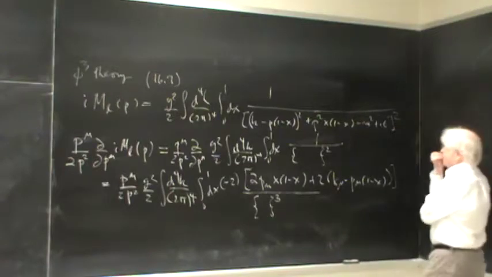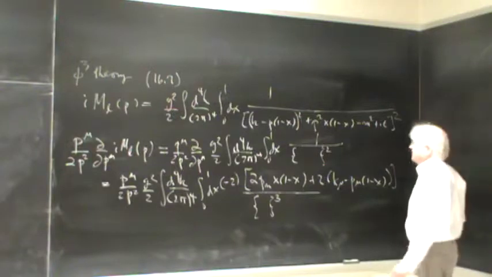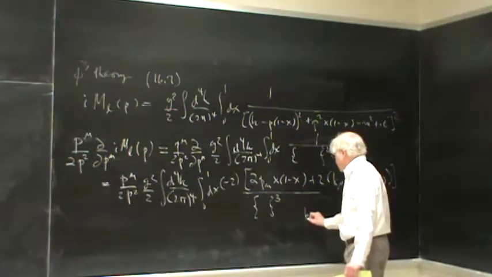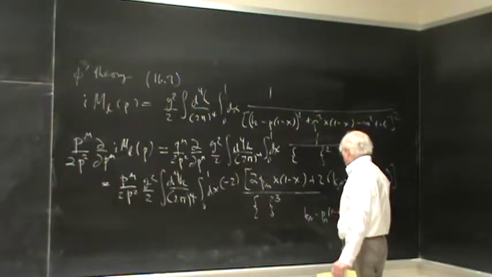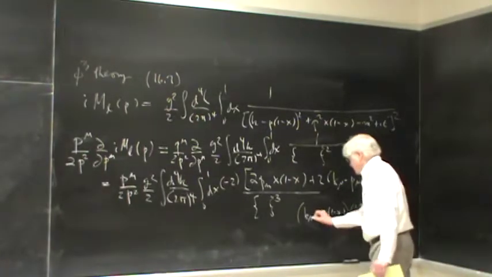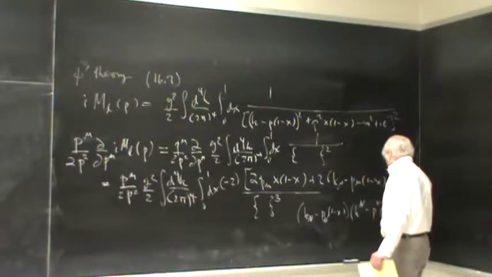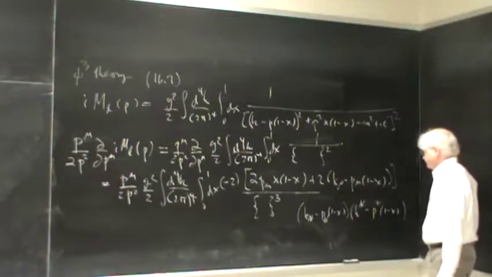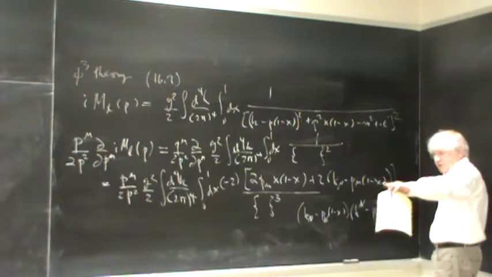Actually, wait a minute. It's simpler than that. Yeah, maybe I did this, but let's do this more carefully. What we've got is k mu minus p mu (1 minus x) times, or let us say k nu minus p nu (1 minus x). And now, yeah, you're right. Okay.